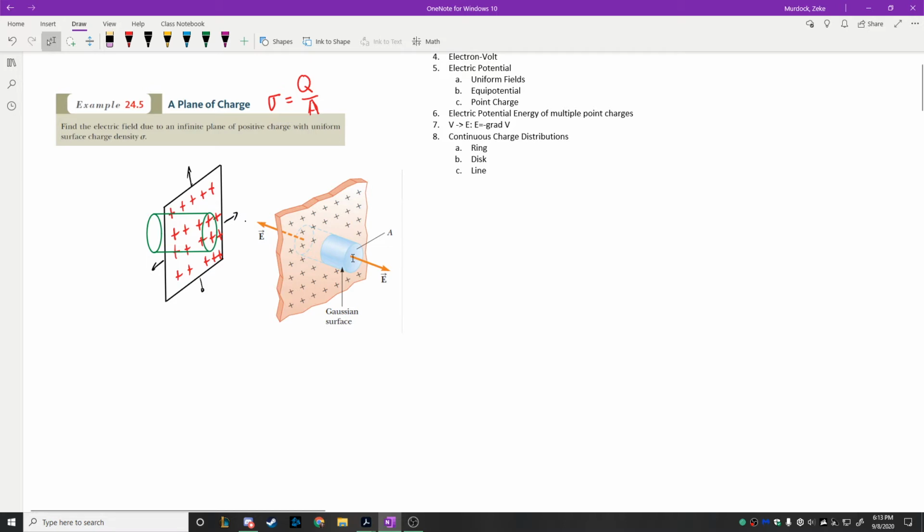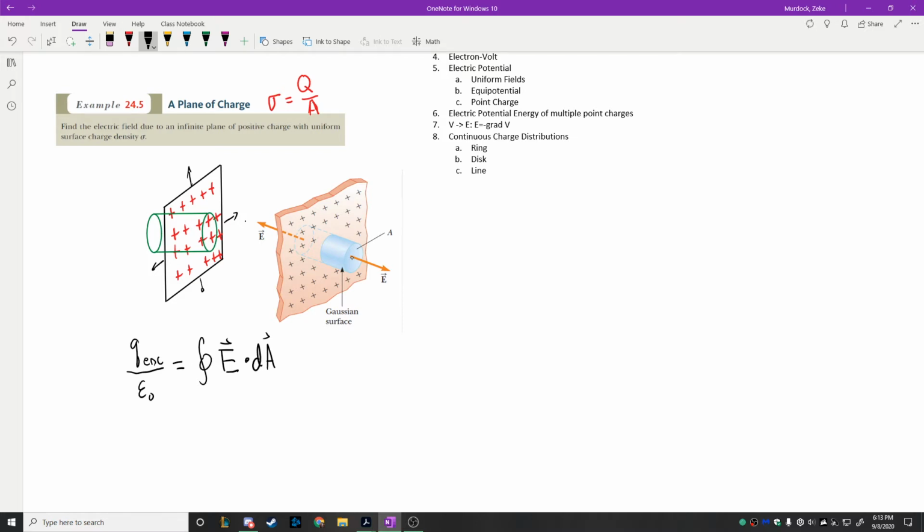Okay. Now, the next thing to do is to say we need to use Gauss's law to solve for the electric field here. And so let's write down what Gauss's law says. Gauss's law says that the amount of charge that I enclose, or Q enclosed, of our Gaussian surface divided by the electric constant, epsilon naught, is equal to the surface integral over our entire Gaussian surface of the electric field, which is what we're looking for, dot product with dA.